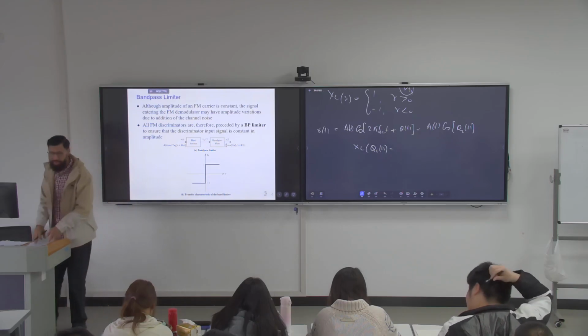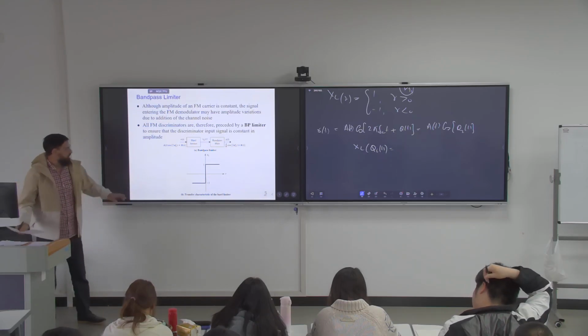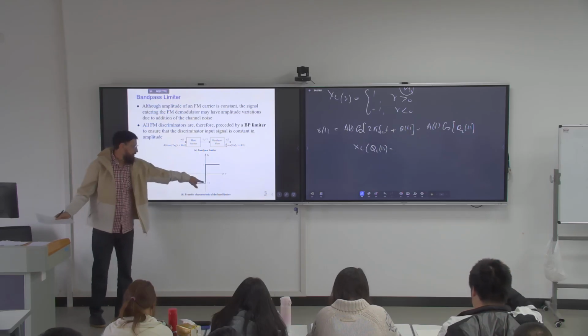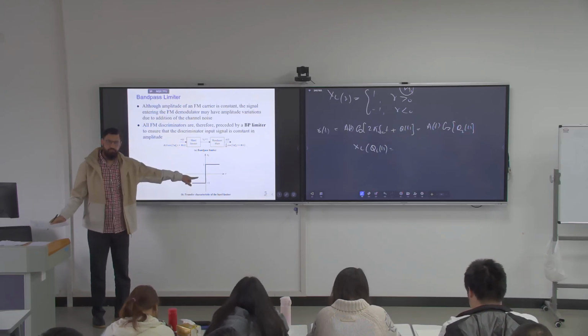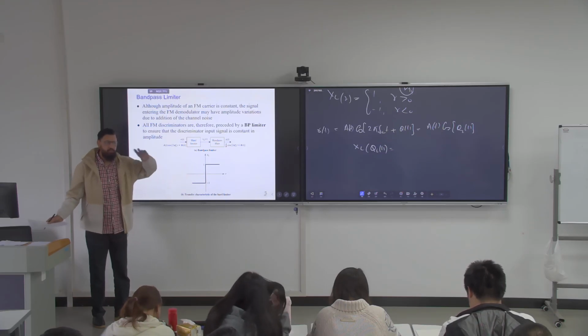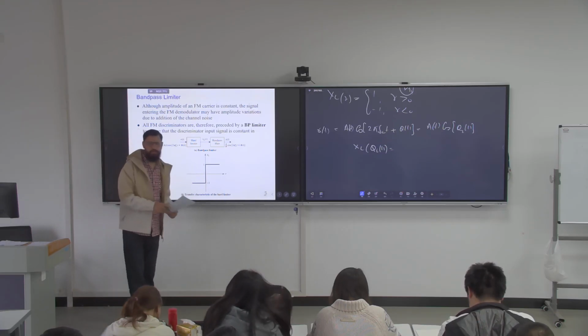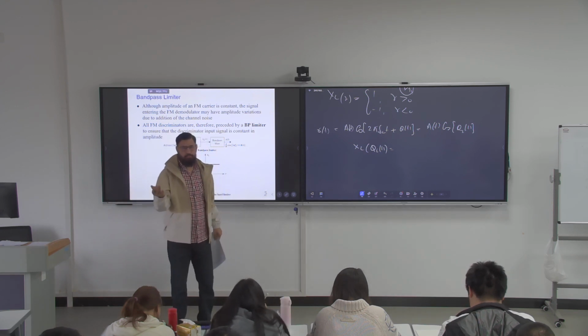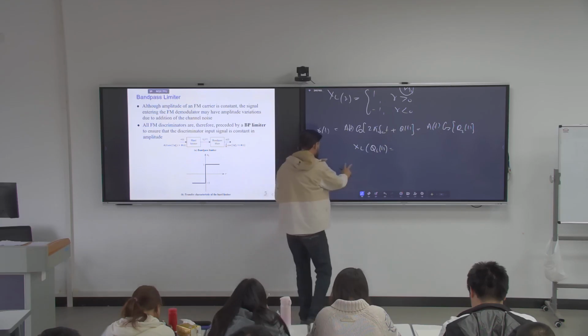I want to pass that signal, which is a cos, through this hard limiter, which looks like this. So think of a cos passing through this limiter. What kind of waveform will this look like?